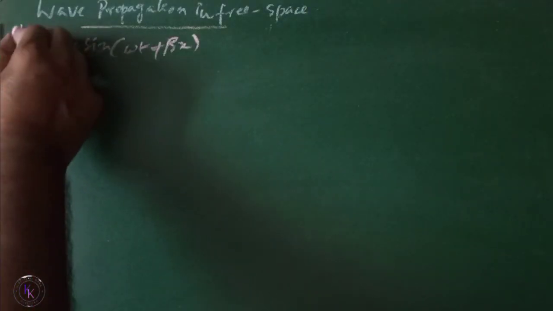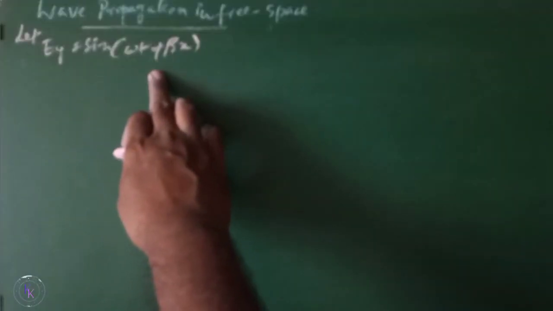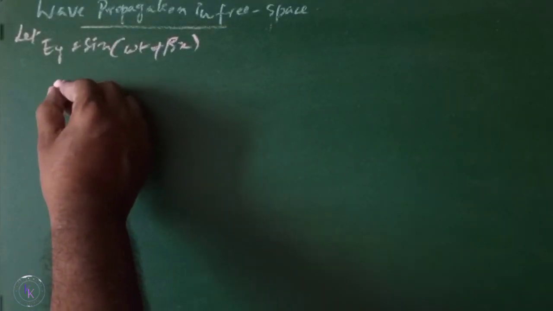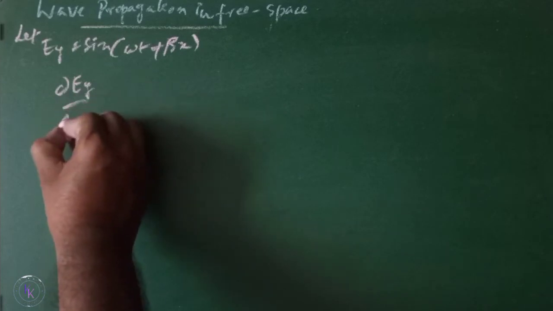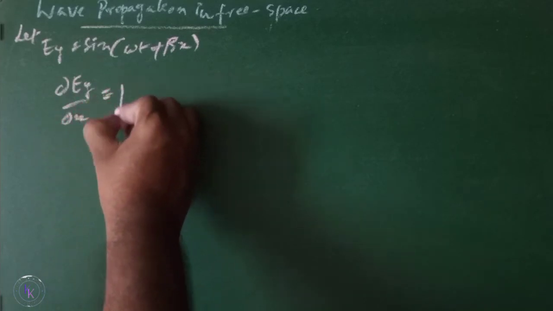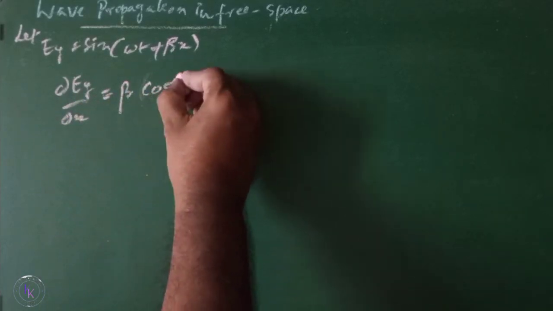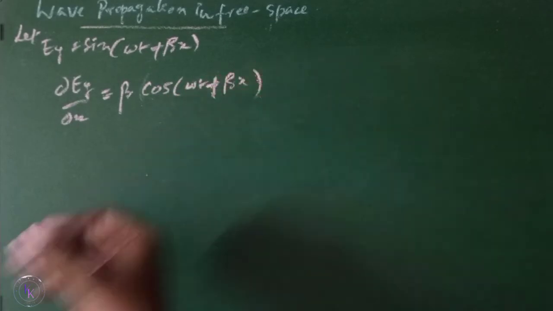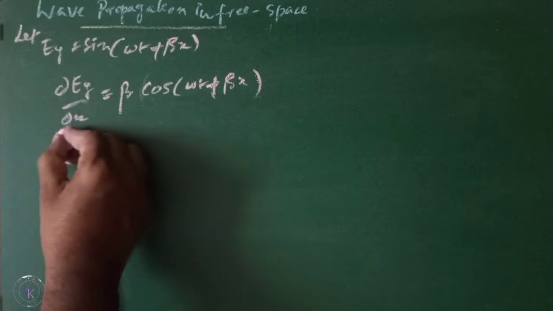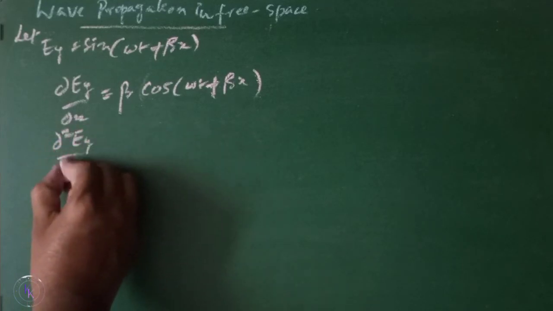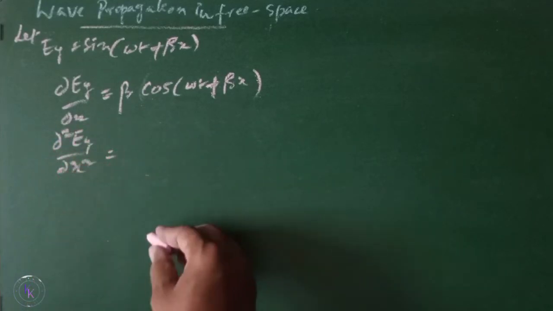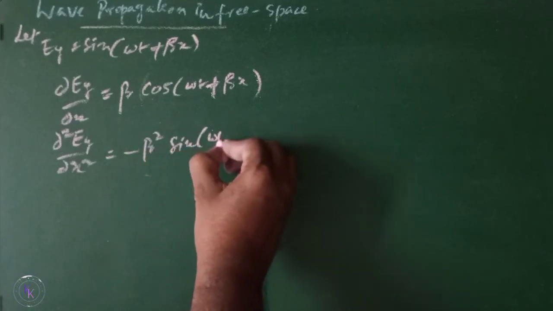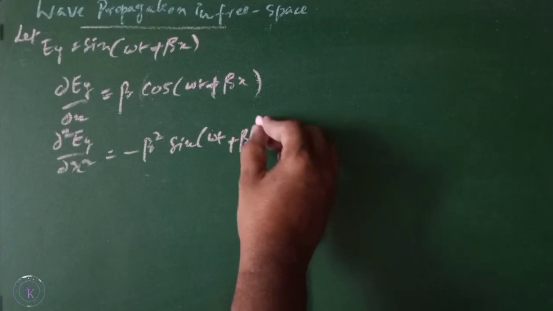Now let Ey equal sin of omega t plus beta x be the solution. Differentiating this, dou Ey by dou x equals beta cos of omega t plus beta x. Again differentiating, we get dou square Ey by dou x square equals minus beta square sin of omega t plus beta x.